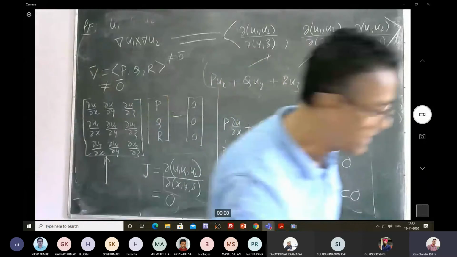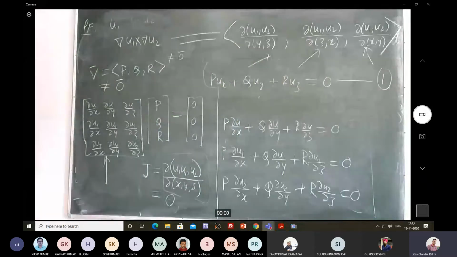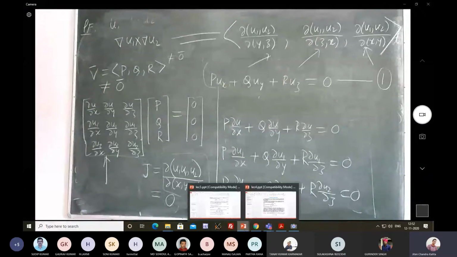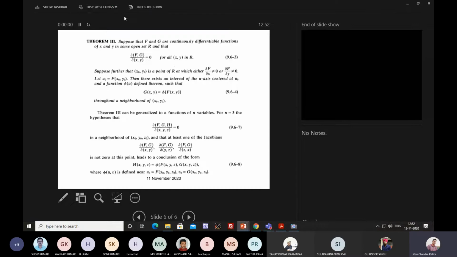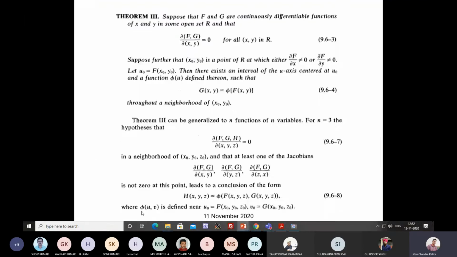Okay, so now let me show you a theorem. Just have a quick look at this theorem.